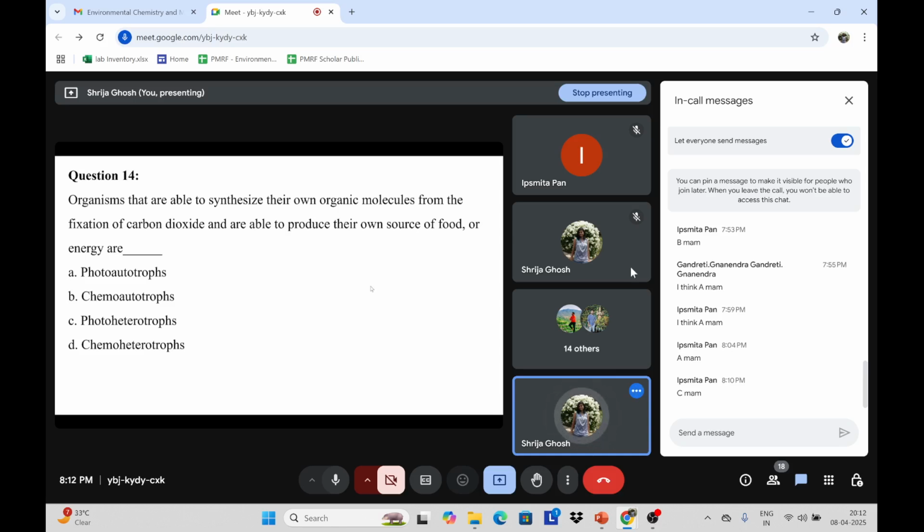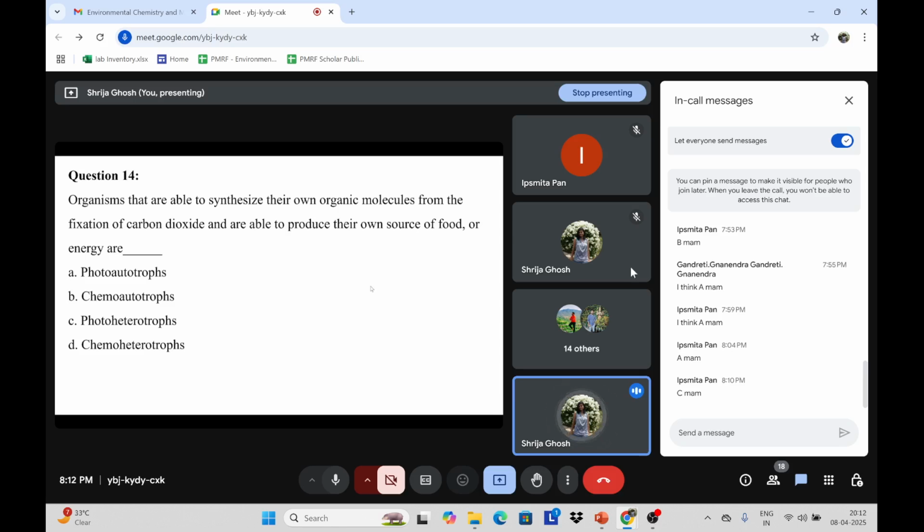If they are producing their own food using just carbon dioxide, then it would be autotrophs. If they are using an organic carbon source, then it would be heterotrophs. Now think again and write your answer.